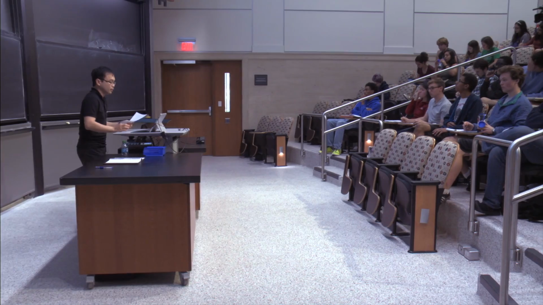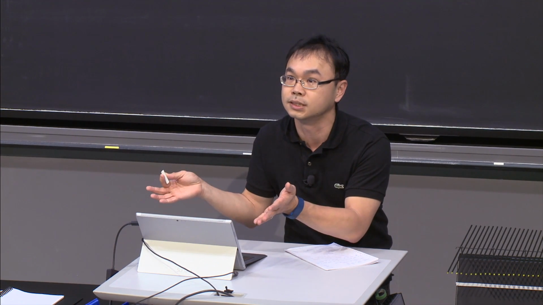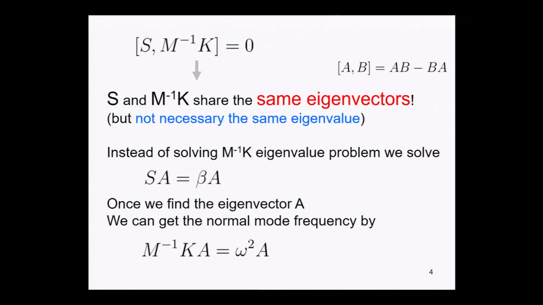So that's great news, because instead of solving the M^-1 K matrix, which can be really complicated, depending on what kind of physical system you are talking about, I can solve the S matrix eigenvalue problem. And then this eigenvector, which I just found here, is going to be the eigenvector of the M^-1 K matrix.